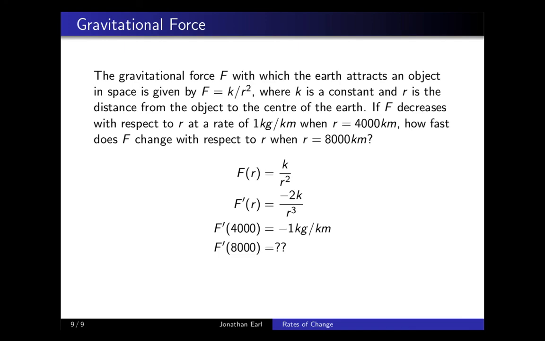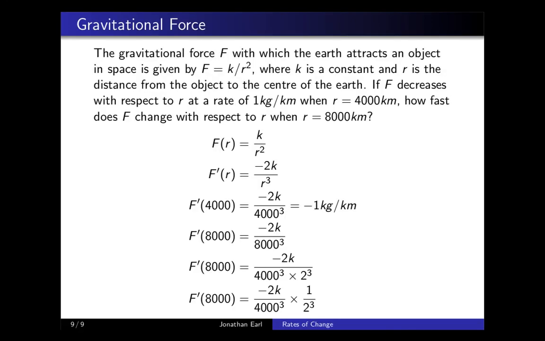Then what we want to know is what's going on when we get out to 8,000? One way that we could approach this is to solve for the k, but that's kind of inefficient. So we're going to write out our expression for f prime of 8,000, and use what we know about f prime of 4,000. At 8,000, f prime of 8,000 is minus 2k over 8,000 cubed.